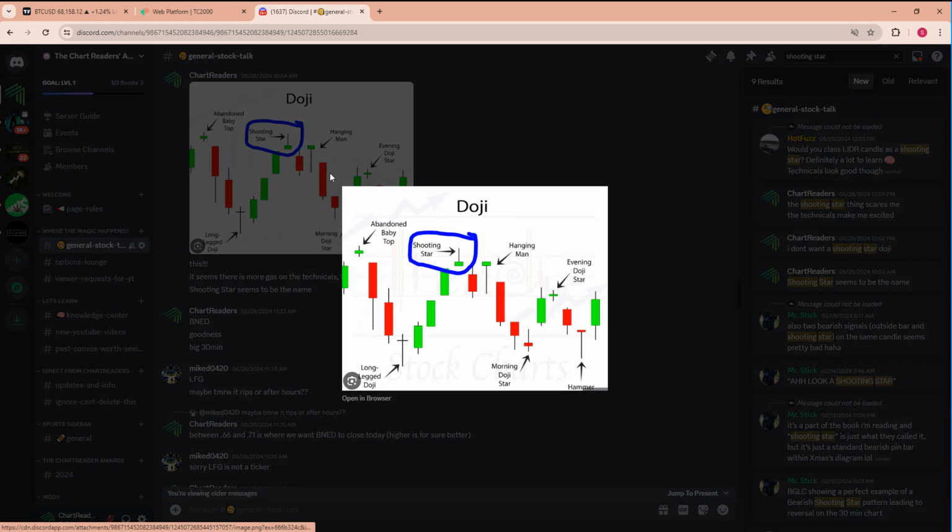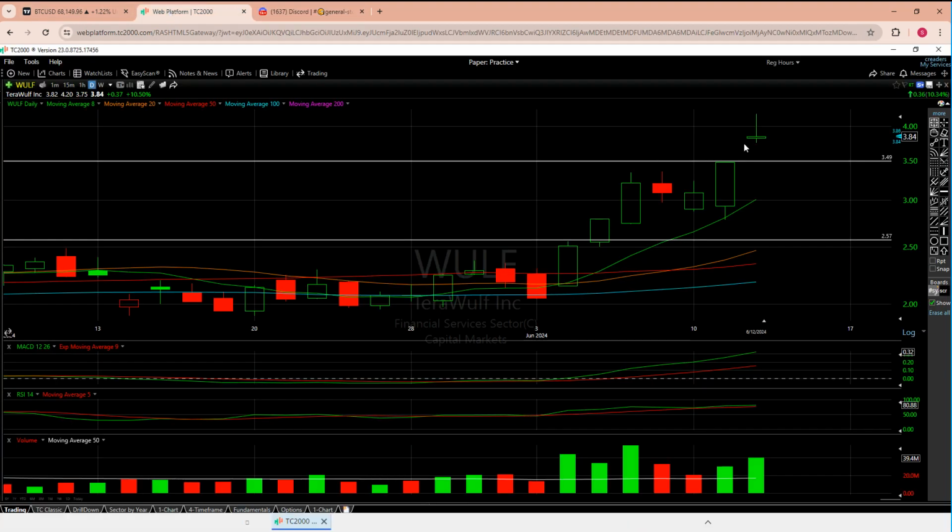Okay, so that, right, I only talk about dojis, all right? I believe the doji is an important candle because it screams uncertainty. There are many different versions of a doji, and I generally just lump them all together and call them all a doji, all right? A shooting star, I don't think is a good one. And I kind of see a shooting star right here.